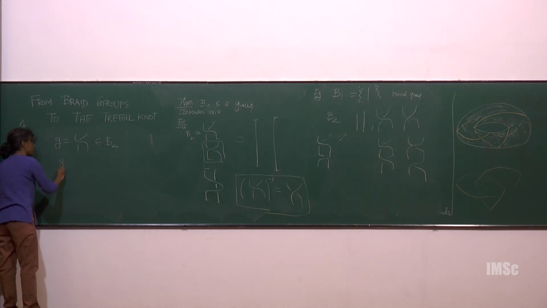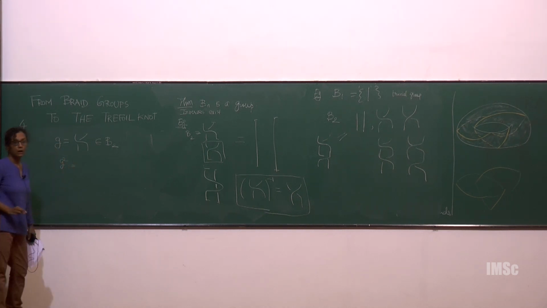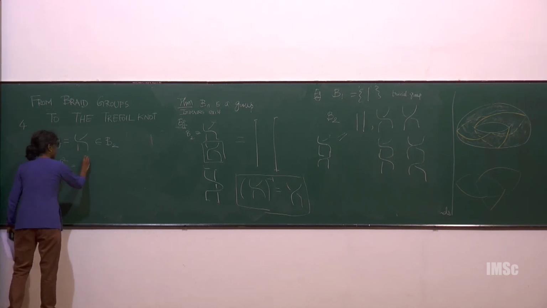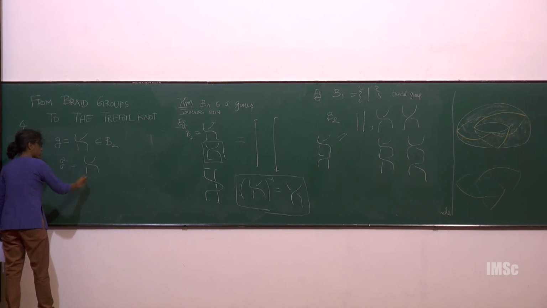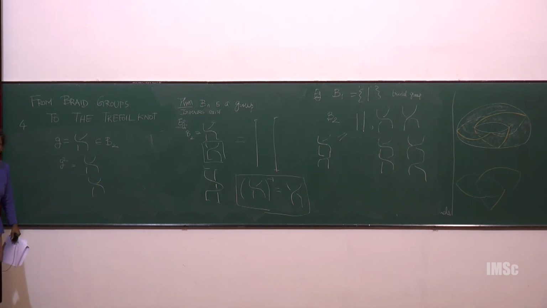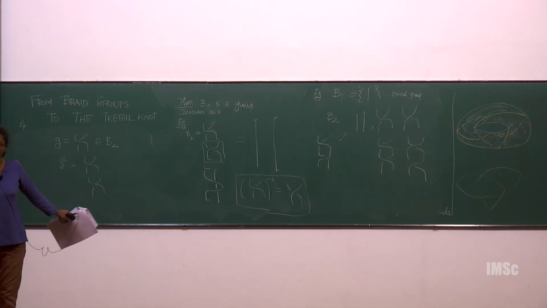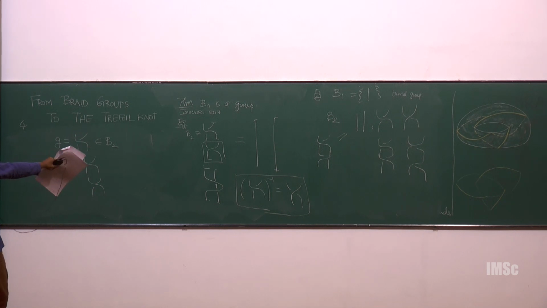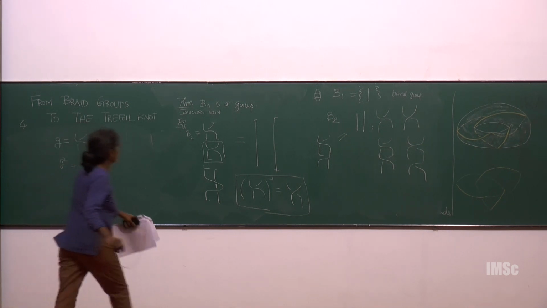So this is G. What is G squared? How do I multiply? Remember, I take 2 copies of G. So what is this? Have you encountered this before? Yes, this one.